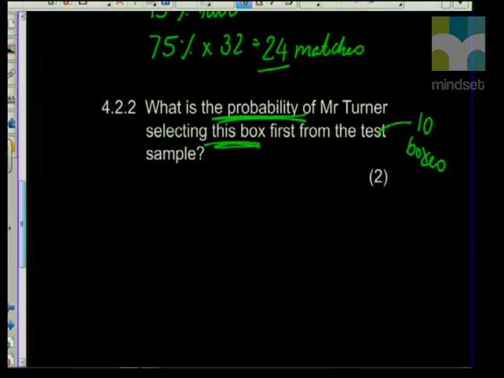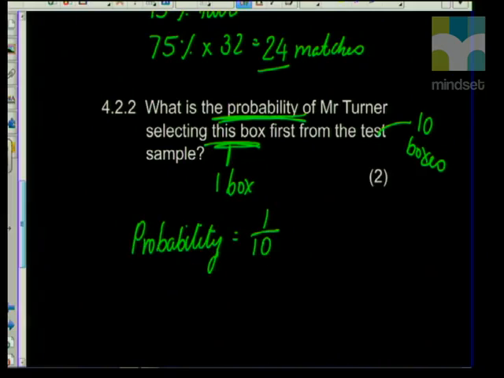How many boxes did he select? This box is one box. So the probability is going to then be 1 out of the 10 boxes. Obviously this can be written in a few ways. So it can be written as 1/10. It can also be written as 0.1, and it also can be written as 10%.